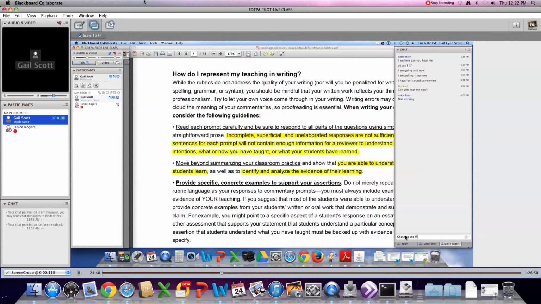Check to see if your mute button is pressed on your headset, that is. Testing, 1, 2, 3, testing.